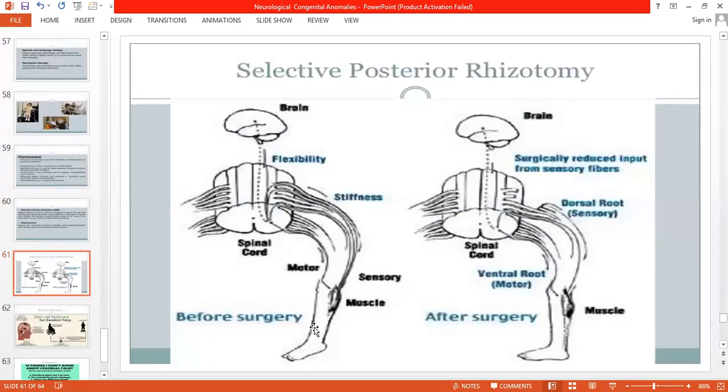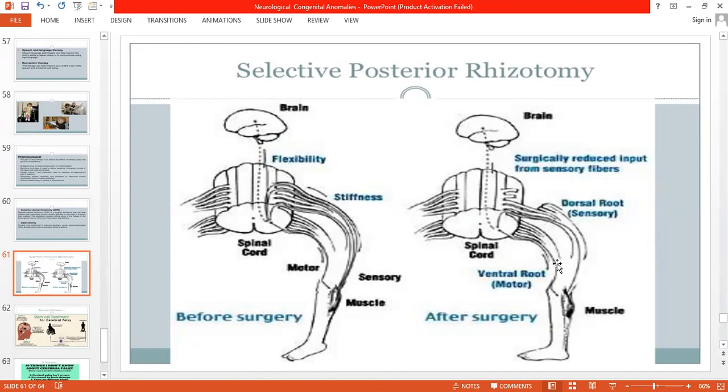What we do, like this is the leg, this is the motor output from the anterior horn, this is the sensory input into the dorsal horn. So among many dorsal roots, we excise some of them. So the abnormal input from that is excised.